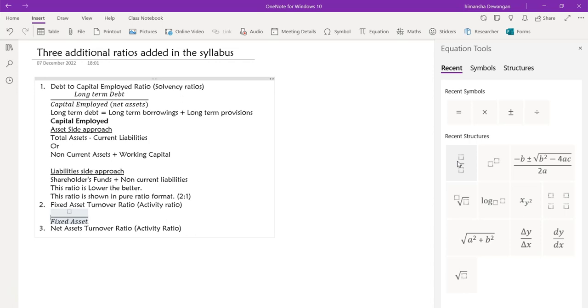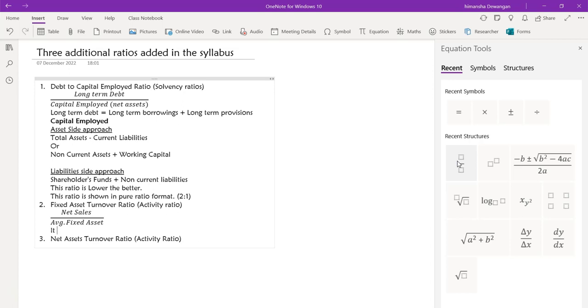Average fixed asset, actually usually we take that. Yes, average fixed asset. All right, our denominator will be average fixed asset and our numerator will be net sales only. And this ratio will be calculated like other activity ratios.